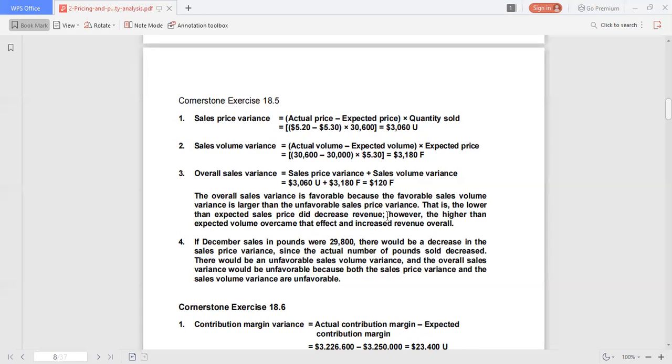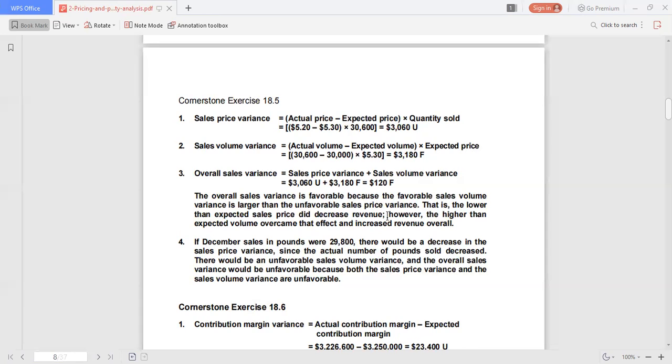How would that affect the sales price variance, sales volume variance, the overall sales variance? So, what if instead of the actual bags sold of 30,600 this time, you have only 29,800?